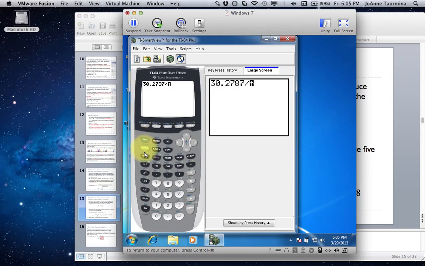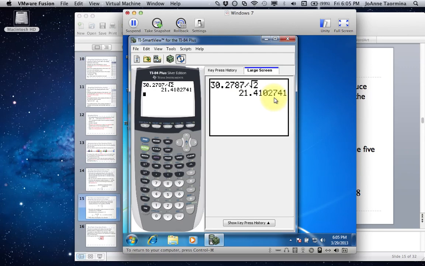So you do second, square root, and you put 2 because that's the sample size. Then you hit enter, and you get a value. This is the result of our formula, 21.4103. I'm going to always round standard deviations and standard errors to 4 places.